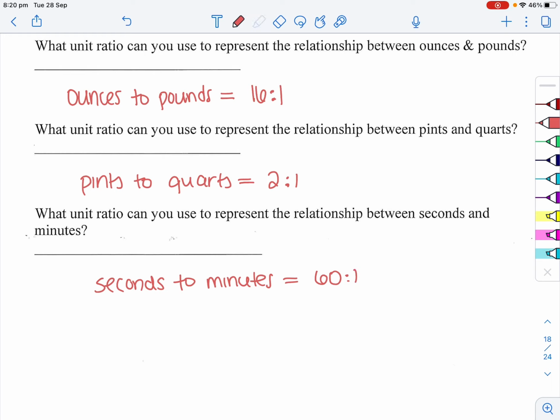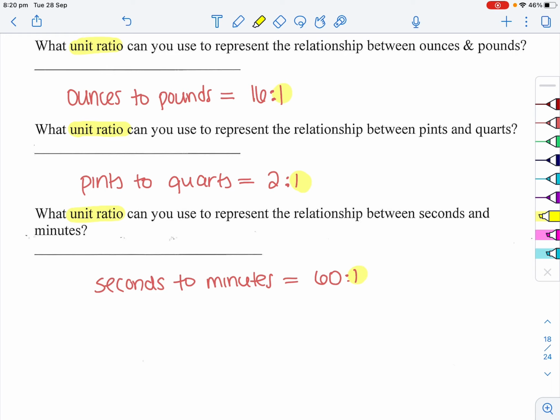So in a unit ratio, that second number needs to be a 1. And in order to convert customary units, you have to choose the correct unit ratio in order to find that new value. We are going to be using ratio tables to help us convert our customary units.